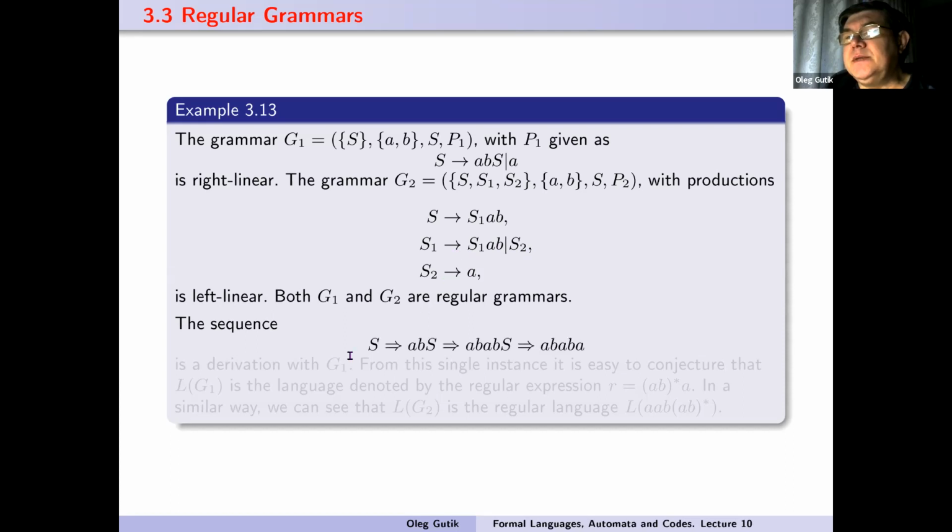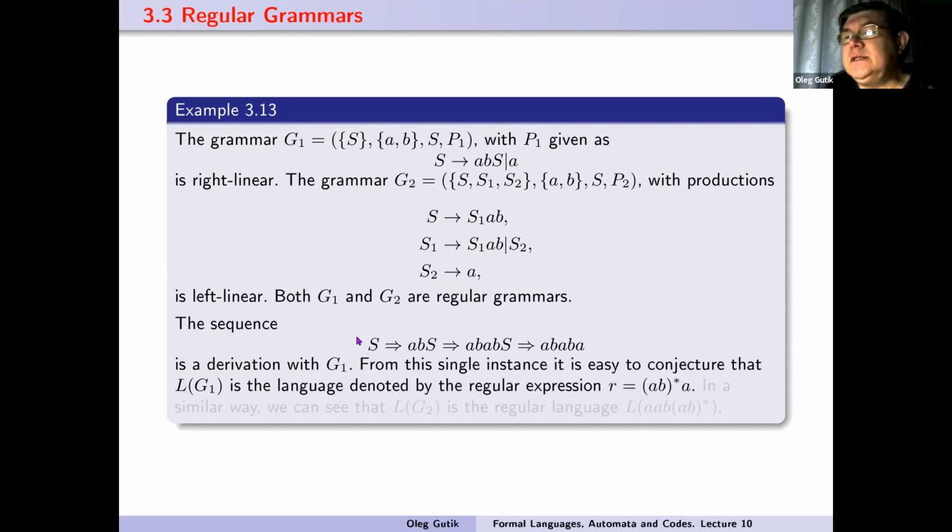The sequence S into abS into ababS into ababa is a derivation with the grammar G1. From this single instance, it's easy to conjecture that L of G1 is a language denoted by the regular expression r equal to (ab) star a.